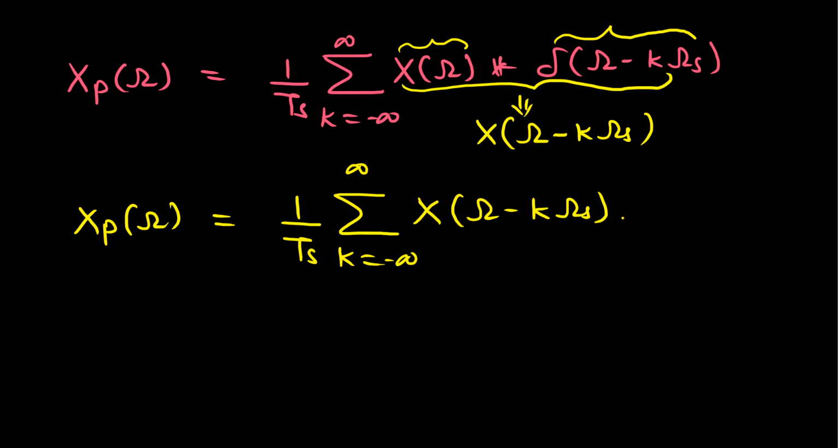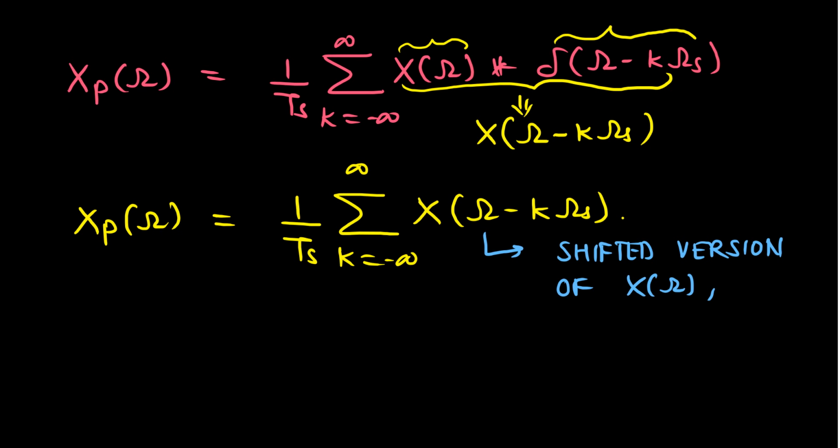So this X of omega minus k times omega s is basically a shifted version of X of omega, which is centered at k omega s. So it is shifted by k times omega s, and moreover we are having a scaling of 1 by Ts here.